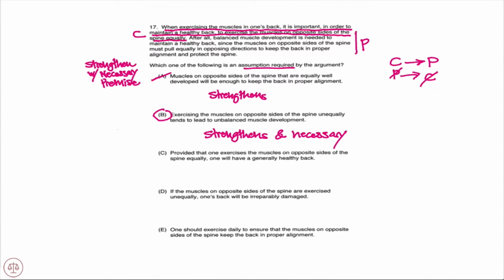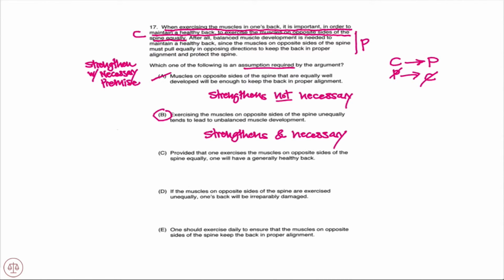Again, A strengthened but was not necessary. But again, let's make sure, checking the rest of them. C, provided that one exercises the muscles on opposite sides of the spine equally, one will have a generally healthy back. And C tends to strengthen by, again, giving you another reason to exercise the muscles on opposite sides equally.